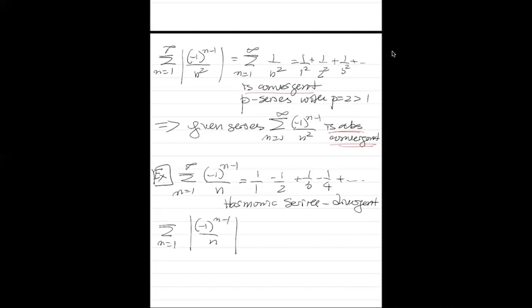Okay, so I need to make a correction here. The harmonic series was without the absolute value. This is not the harmonic series, this is the alternating harmonic series, not just the harmonic. And it is convergent.